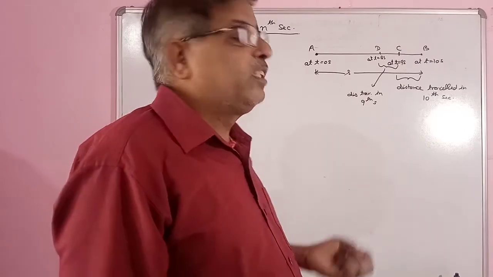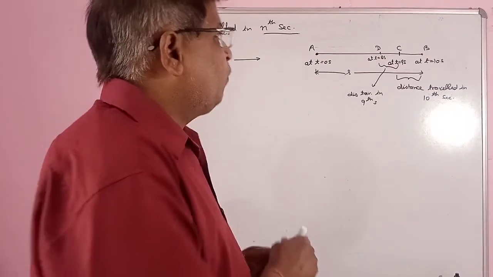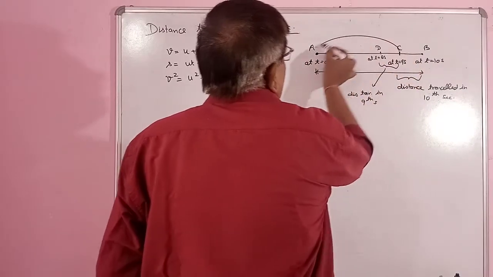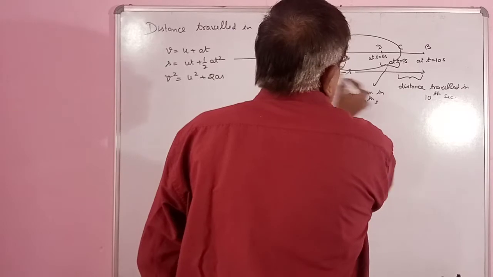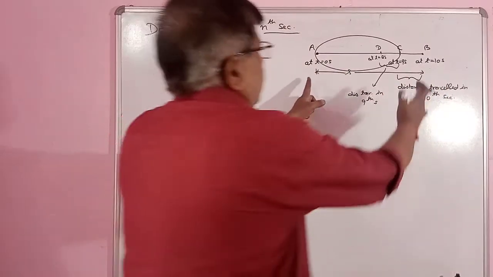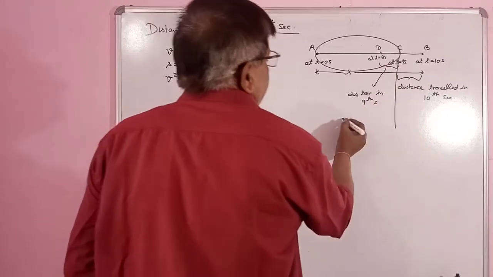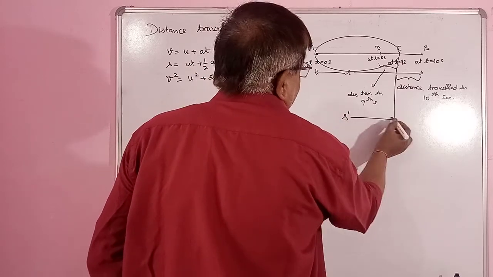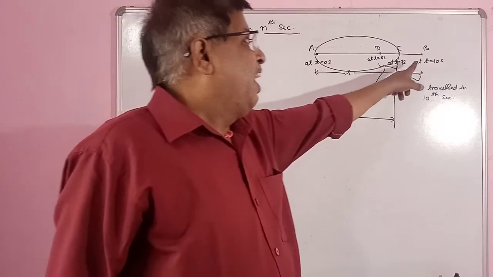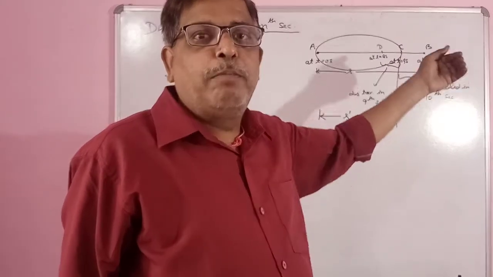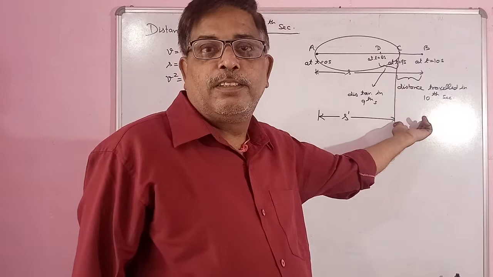So what is the process? Very simple process. If we subtract this distance from this distance, means if it is total distance s and from total distance we subtract this s dash, which is the distance traveled in n minus 1, that is 10 minus 1 seconds, then we can find out simply this distance.